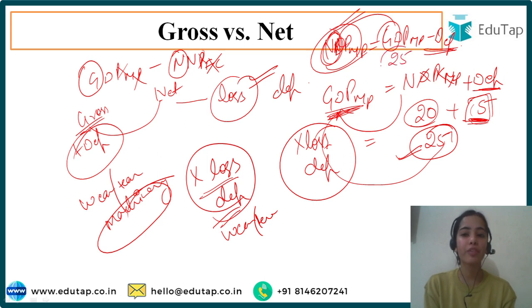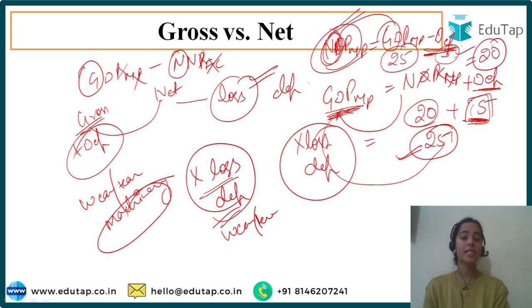From this 25 rupees we are deducting the 5 rupees that has happened due to the depreciation, and the 20 is the actual production that has happened, after we have improved the machinery again. So GDP MP does not take into account the loss, while NDP MP takes into account the loss.